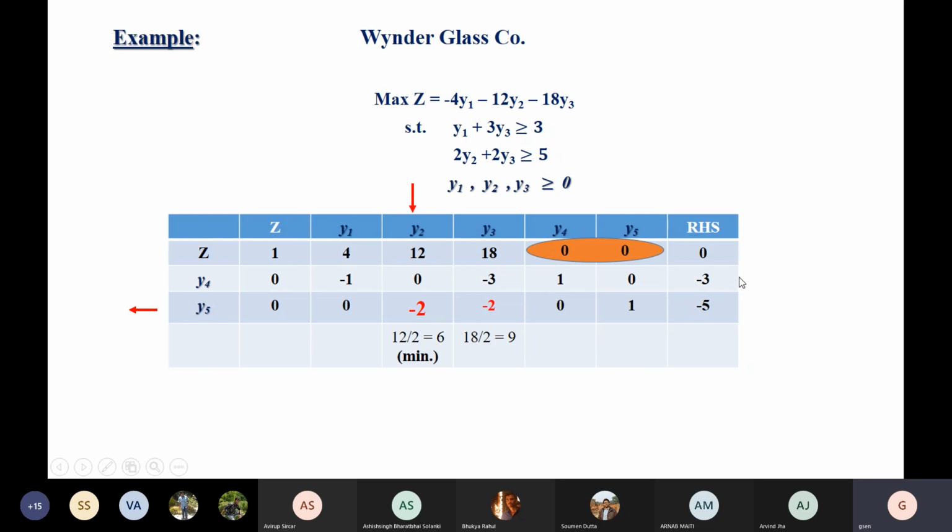Can you tell me the values of x1, x2, x3, x4 and x5, that is, the dual solution? x1 and x2 will be 0, because they are associated with the slack coefficients. And then x3, x4, x5 would be 4, 12, 18.